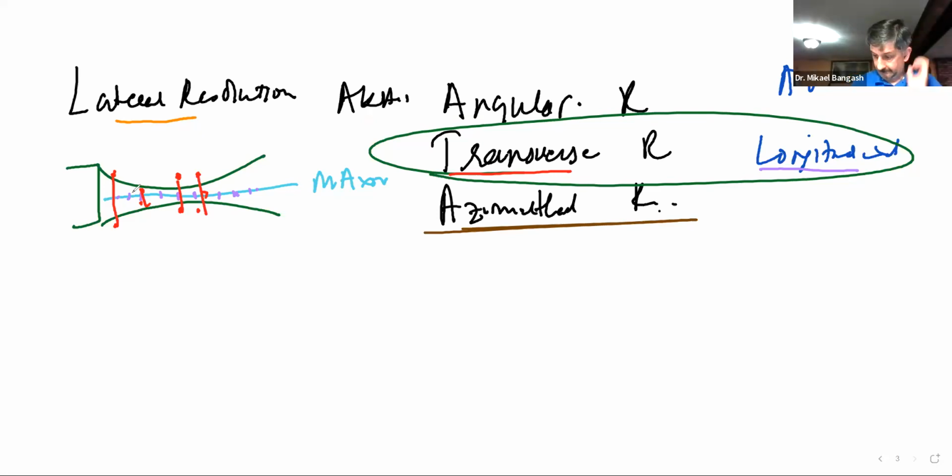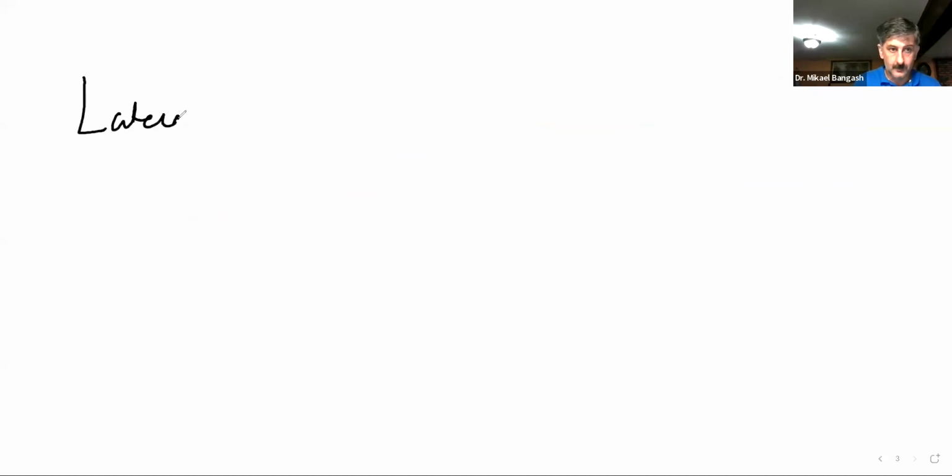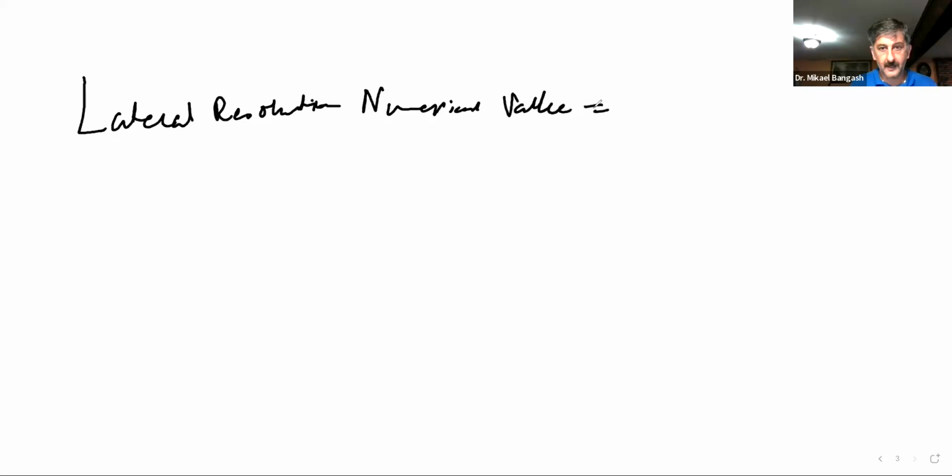Now, ladies, the numerical value of your lateral resolution is just going to be equal to the beam's width.